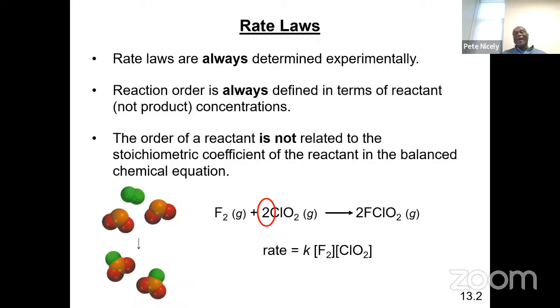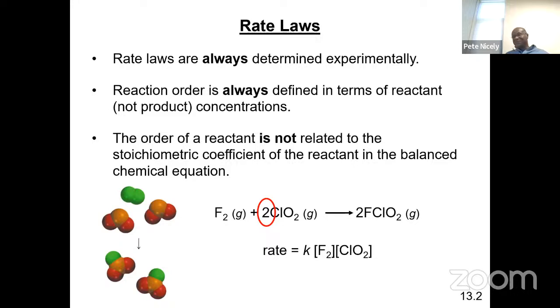So that's why I keep saying that you cannot tell what the orders of the reaction are just by looking at the equation. You have to carry out the experiment, get your data, and then do the processing of the data so that you can figure out what the orders of the reactions are with respect to the reactants, and then determine the rate law based on that, all right?